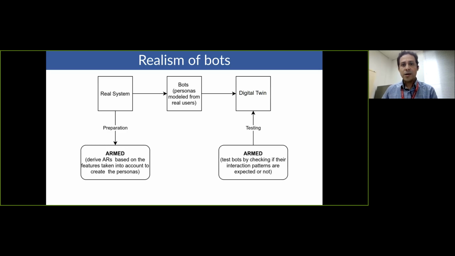Then, while running a test session on the digital twin, we could test the bots themselves by checking if the interaction patterns are expected or not, by comparing them with those of the personas they were modeled from. This scenario can be useful because one could define that if a bot starts having too many suspicious behaviors, then the test session should be restarted with a new bot, possibly a better one.